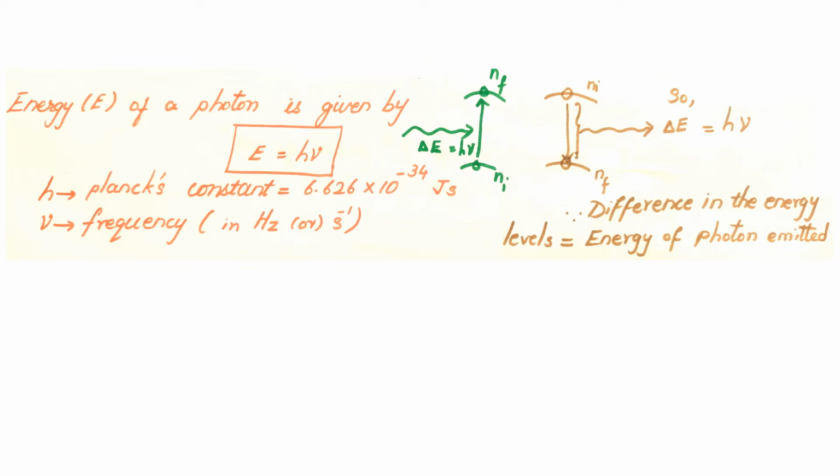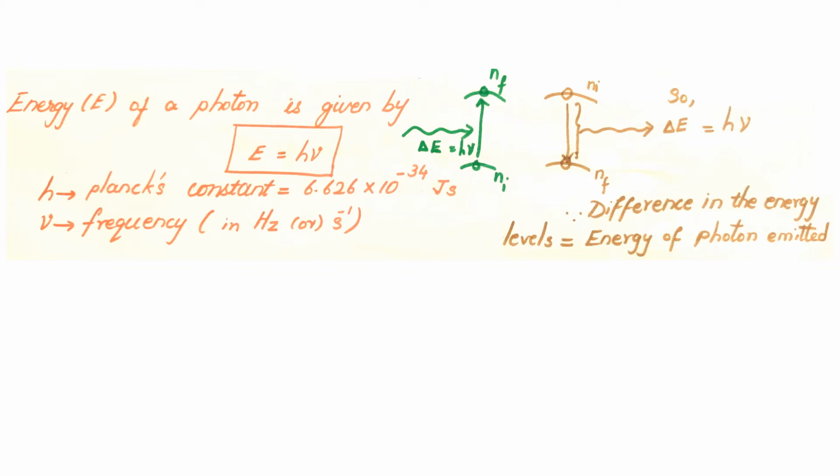So the radiation absorbed by an electron to jump from a lower orbit to a higher orbit is equal to the difference of the two energy levels between which the electron transition has occurred, and this is given by delta E equal to h nu.